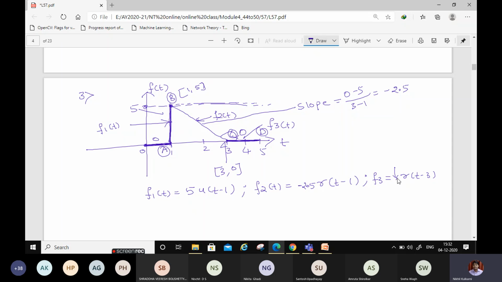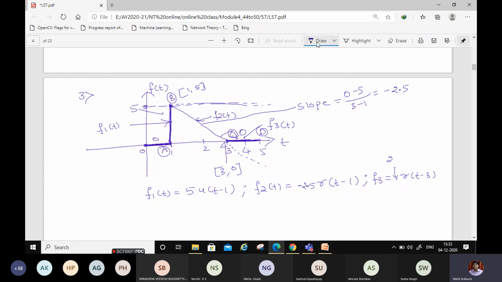So how much you have to add here? The slope to make it 0. So this line should not continue like this. It should be made 0. So how much you have to add here? Minus 2.5 was there earlier. So you have to add plus 2.5.